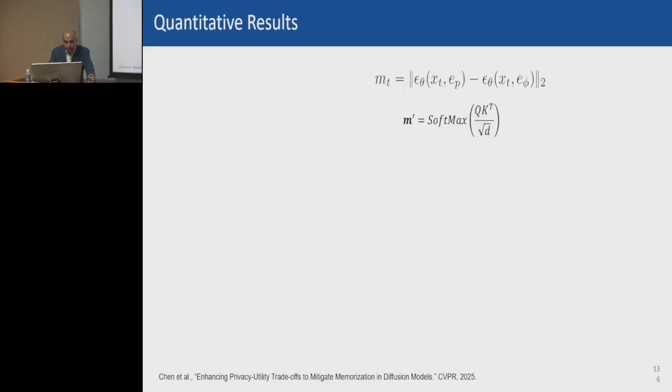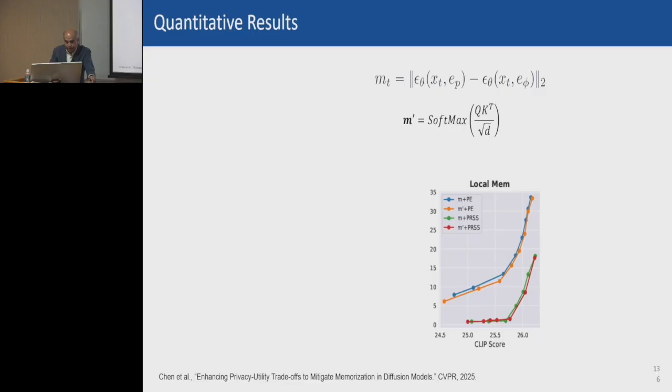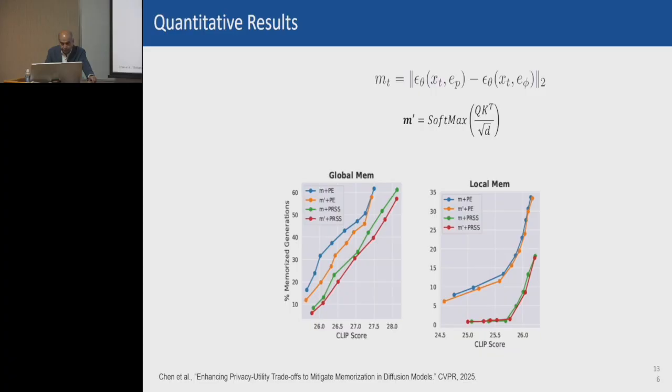Then we can look at different ways to do this, the quantitative results. Again, I've been talking about MT and M, which is this with the mask, and we can see again that local memorization has a trade-off, right? So this is a clip score, and this is the magnitude as shown here.